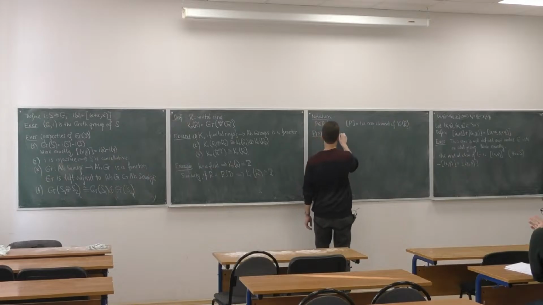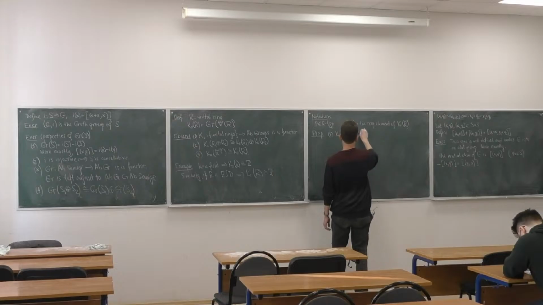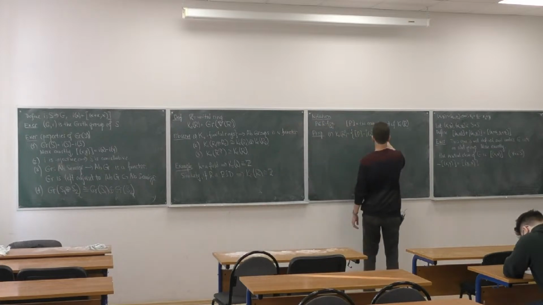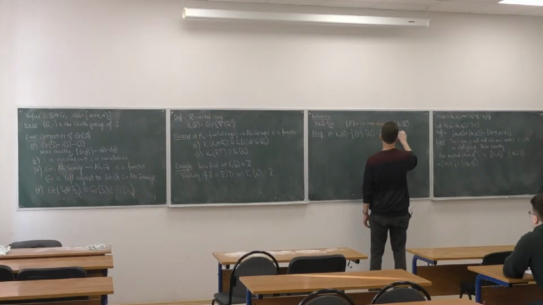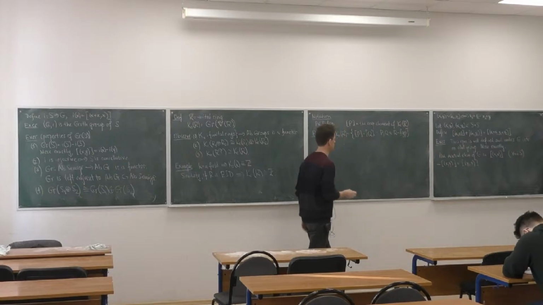So K0 of R consists of all elements of the form of all differences of the respective elements corresponding to finitely generated projective modules, P and Q. And this description can also be simplified as follows.